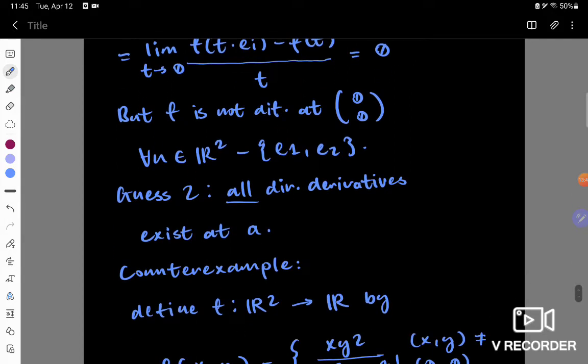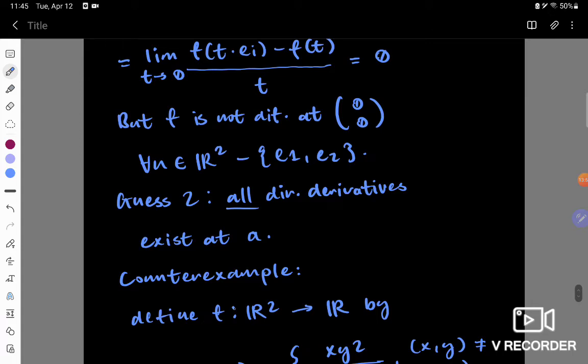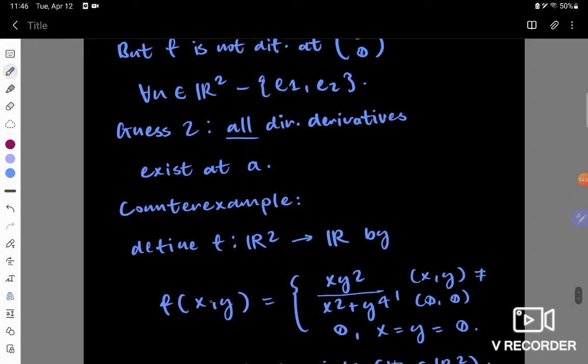And our counterexample is going to be given by some function f, which is going to map from R2 to R. So it's two-dimensional in the domain and one-dimensional codomain. I'm going to write x and y here because if I tried writing this with subscripts x1 and x2, it got incredibly confusing with all the superscripts and all the notation going on. So this is just familiar as a function of x and y.